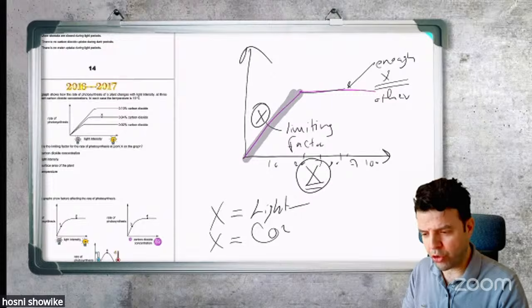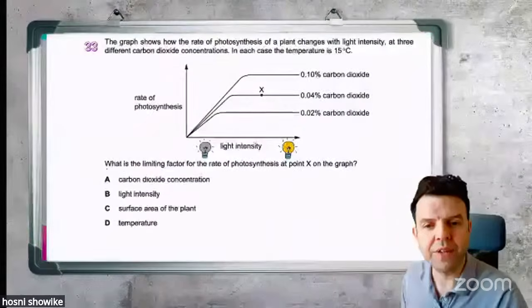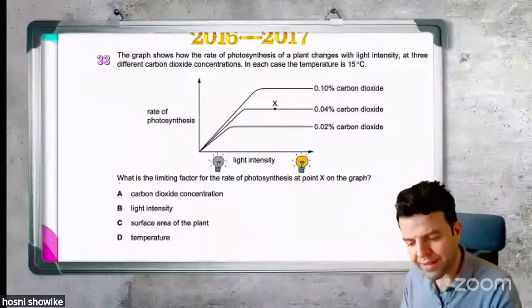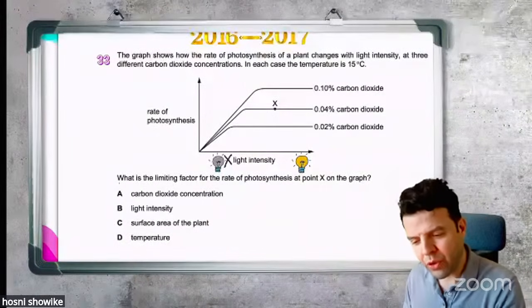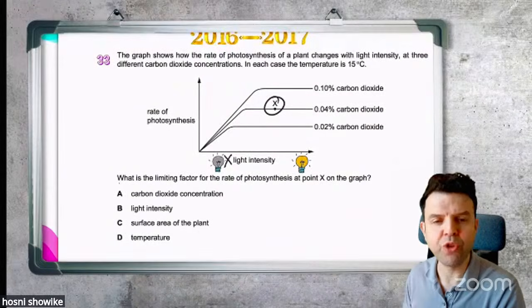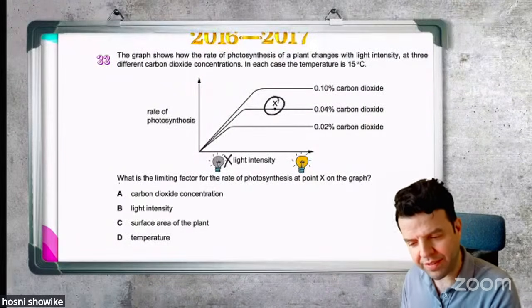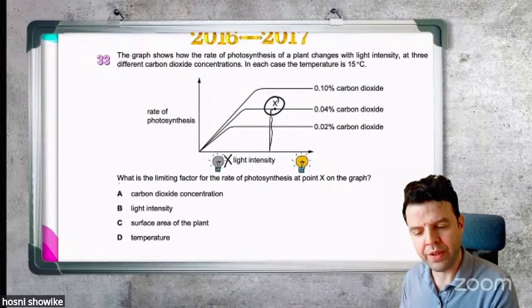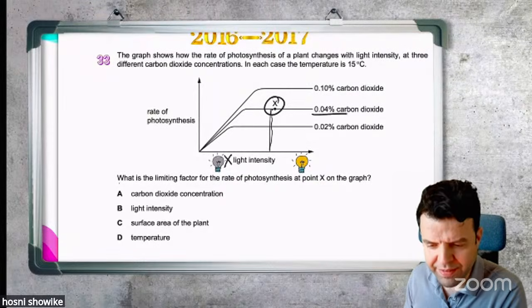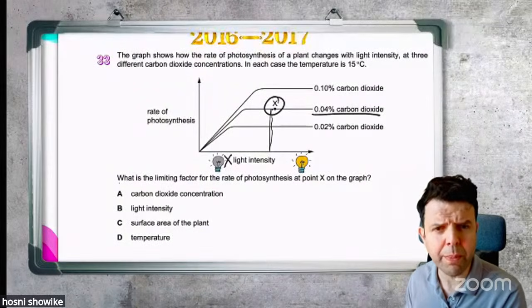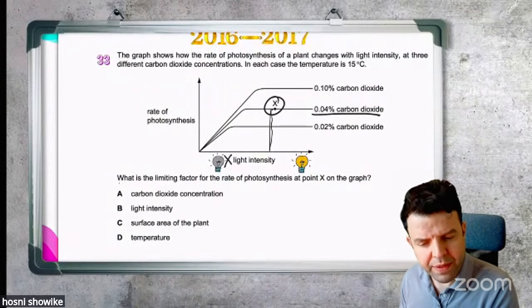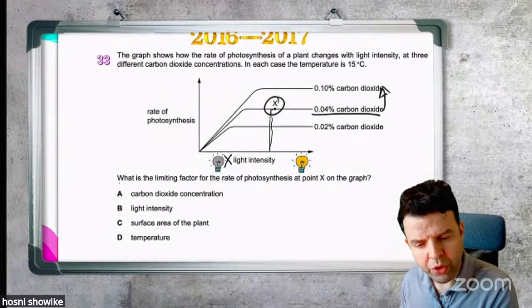So I'm going to show you several types of this. X is light intensity. So at this point here, what could be the limiting factor? I have enough light here, right? It's too bright. So what could be a limiting factor is CO2. How do I know that it's CO2, not temperature? That's because look up here.